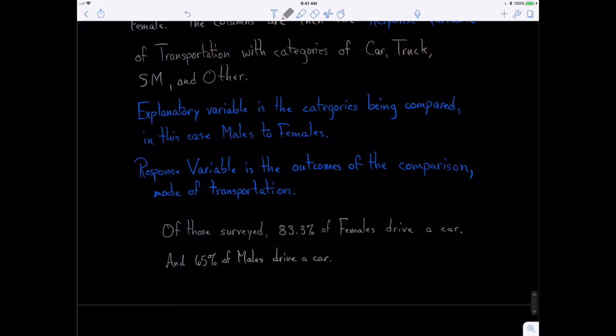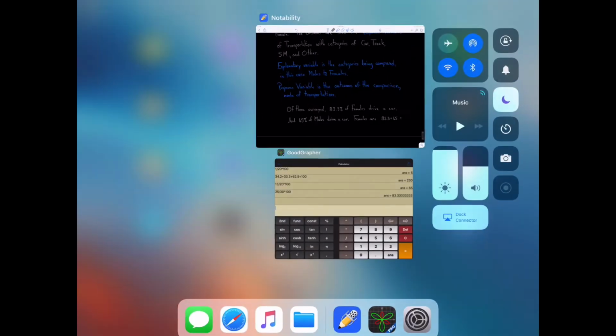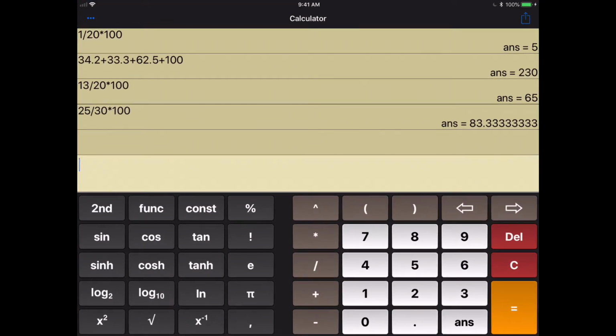So here's what we can say. We can say females are, and then this is the interesting part. What we do is we always use the larger percentage and we divide it by the smaller percentage. So we have 83.3. We divide it by the 65, and let's go over to Good Grapher and take a look. Good Grapher says that if we take 83.3 and divide it by 65, we get 1.28.